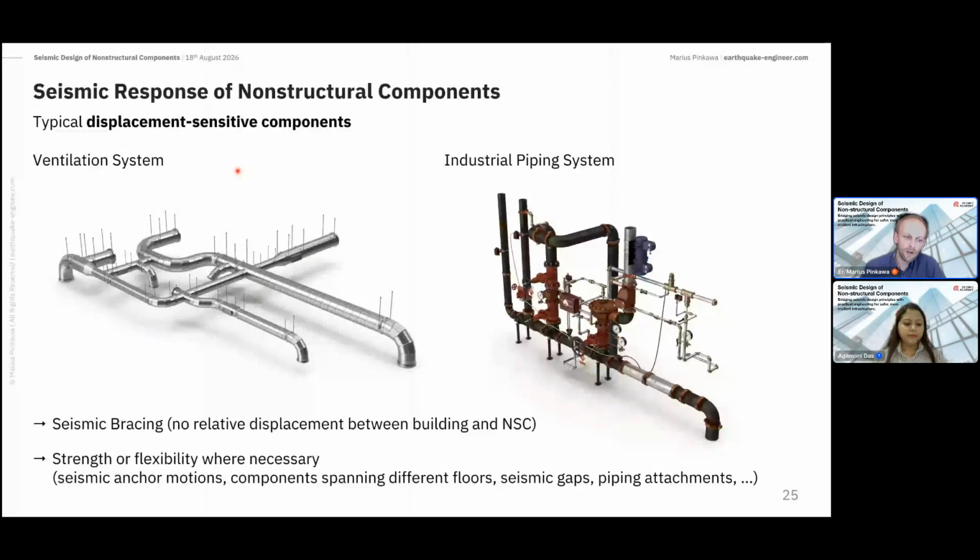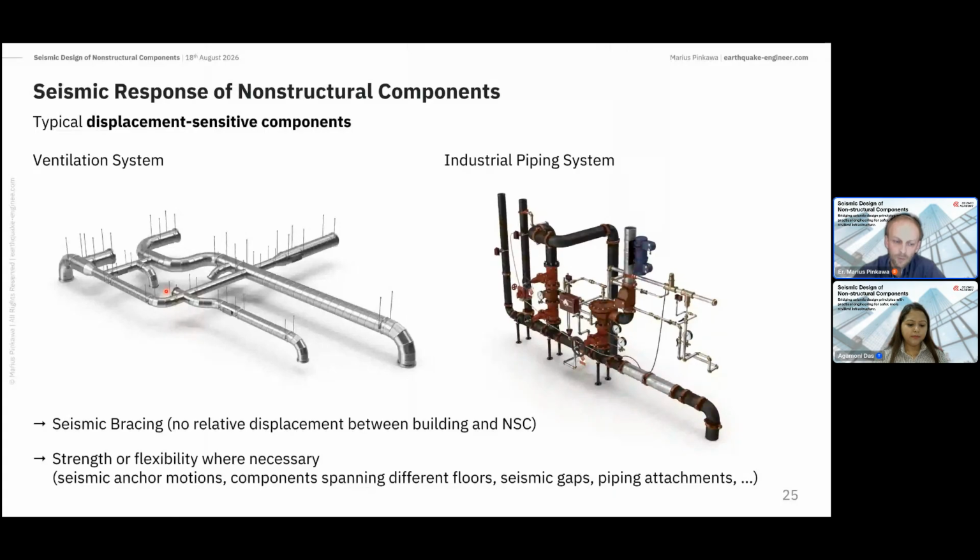And what we also want to achieve with the seismic bracing is that if the building is moving and the suspended system moved differently than the building, we would have large relative displacement. So our aim with the seismic bracing is that it moves with the building, so we don't introduce relative displacement.